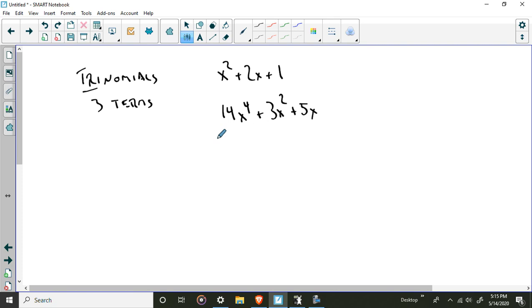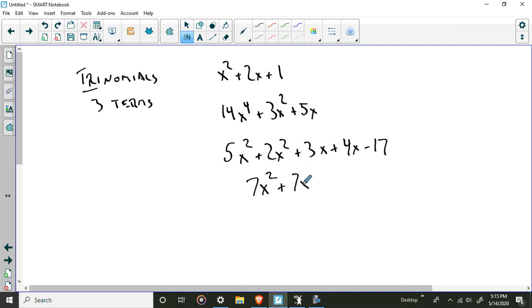So it's pretty straightforward. Again, as with monomials, if I said 5x squared plus 2x squared plus 3x plus 4x minus 17. Well, again, this looks like it has 5 terms, but I can combine these, 7x squared, 7x minus 17, and all of a sudden, in simplest form, it's going to be a trinomial.